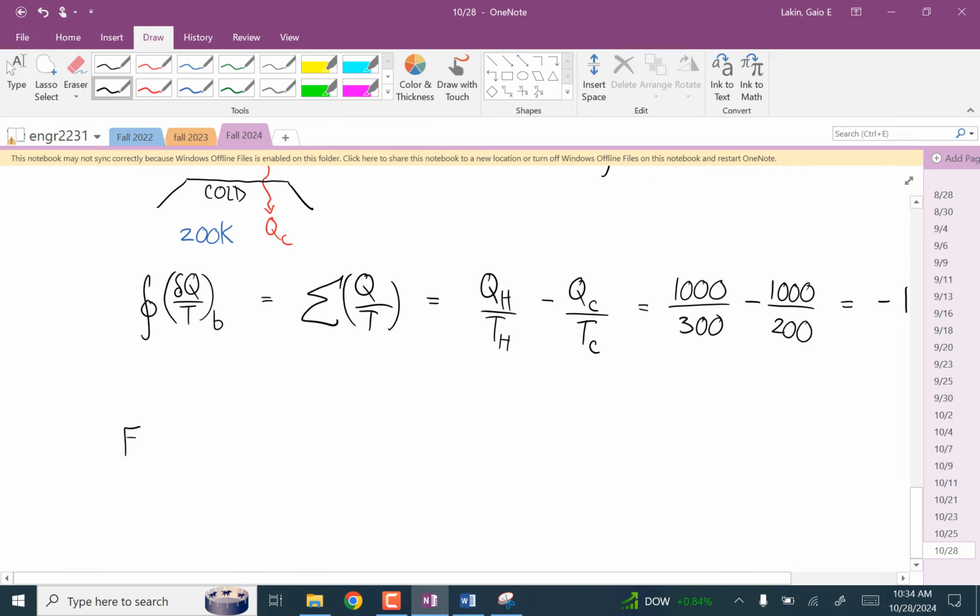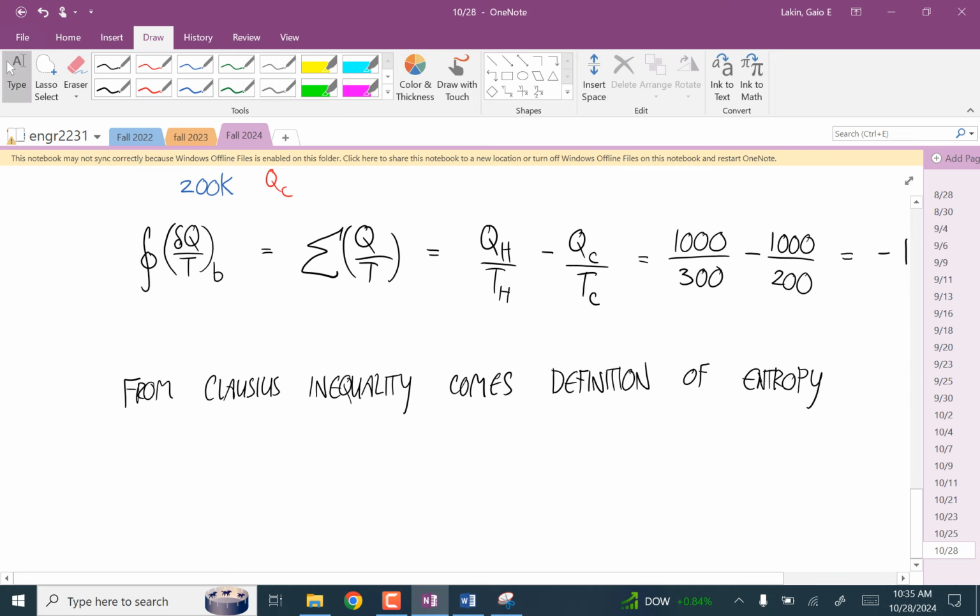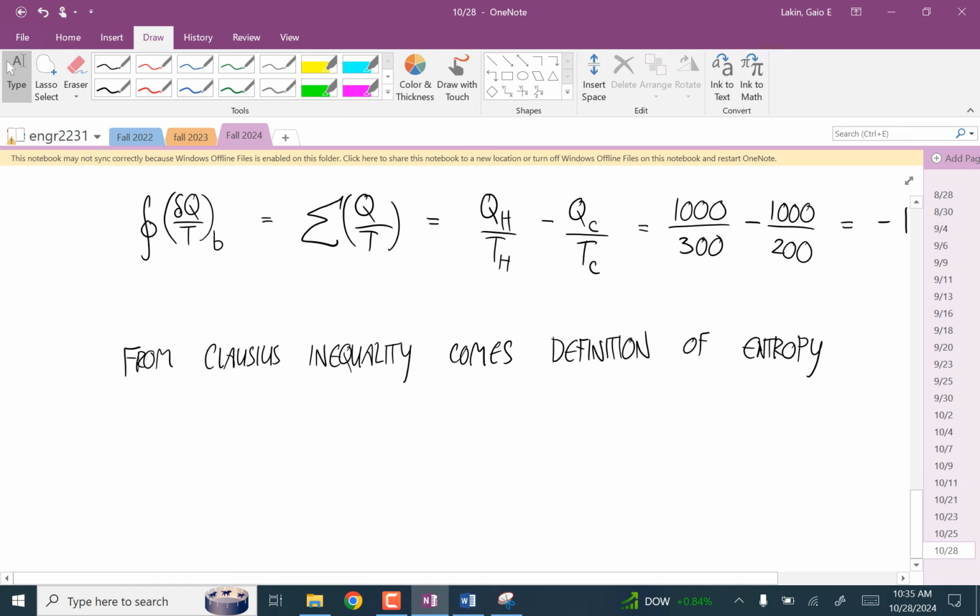From the Clausius inequality comes the definition of entropy. And it's going to look very similar, so pay attention to the differences between this and what I used in the Clausius inequality.